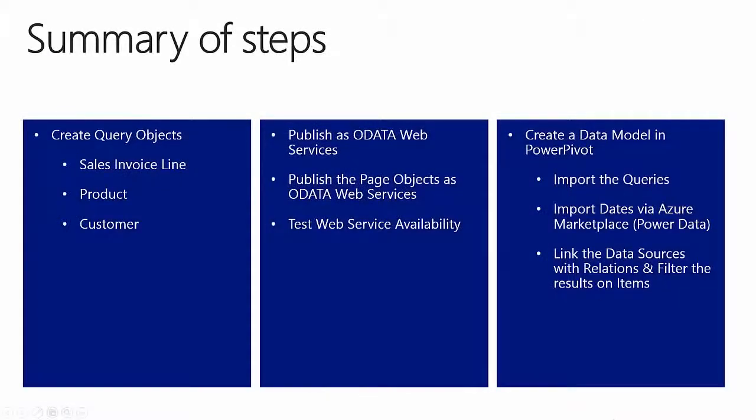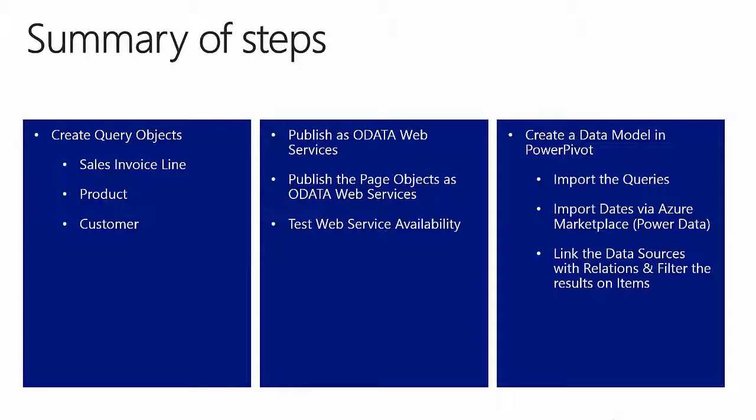To summarize all of the steps, in step 1 we created query objects for the sales invoice line, the product and customer information. Then in step 2 we published them as OData web services. We also published page objects for the salespeople, and we tested the service availability. Then in step 3 we created a data model in Power Pivot. We started by importing the query objects and the page object as data web services.